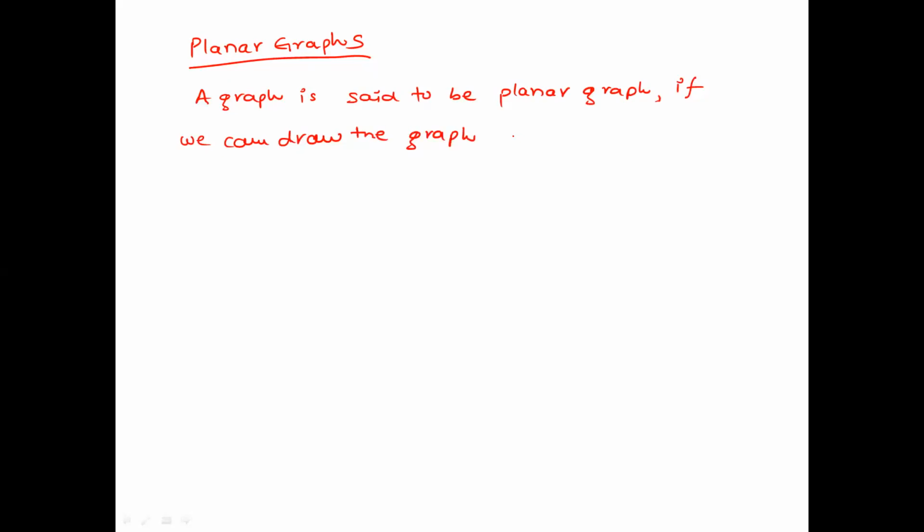So which graph is said to be a planar graph? A graph is said to be a planar graph if we can draw the graph without crossovering of edges.